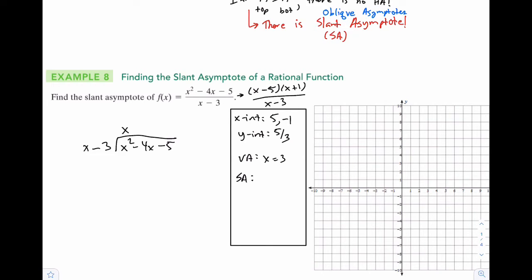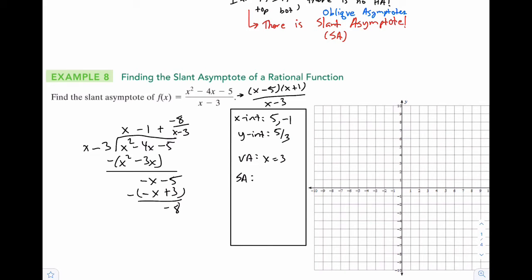So x, let's multiply x squared minus 3x, subtract the quantity, and then do it again. That'd be negative x minus 5. We're going to put minus 1 here, then negative x plus 3, subtract, we get negative 8. So we have x minus 1 plus negative 8 over x minus 3.